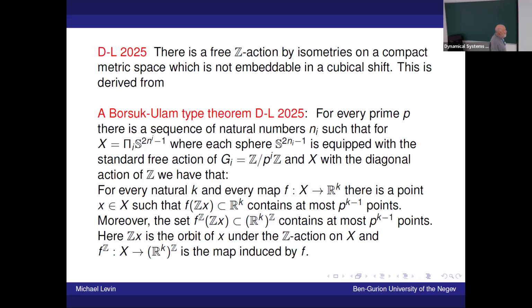For every prime number, there is a sequence of natural numbers n_i such that the product of the spheres, the product over i of the odd dimensional spheres, should be substituted with dimension 2n_i minus 1. So let me correct it.